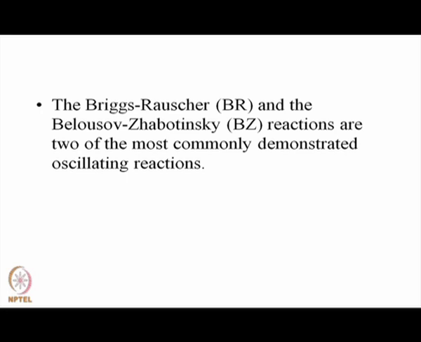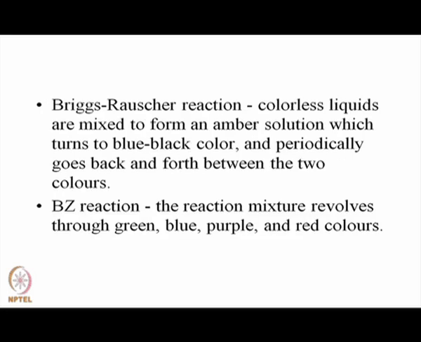In the BR reaction, colorless liquids are mixed to form an amber solution, which turns to blue-black color and periodically goes back and forth between two colors. In the BZ reaction, the reaction mixture revolves through green, blue, purple and red colors. So color-wise there are four colors in the BZ reaction, and here amber to blue-black.